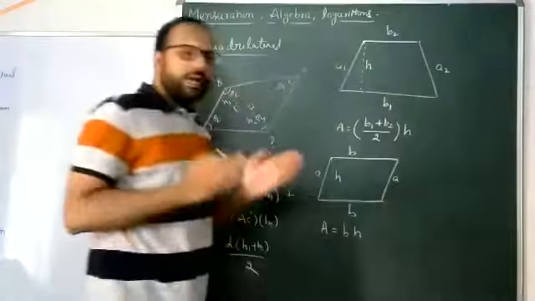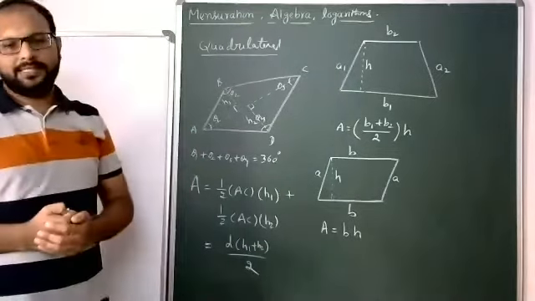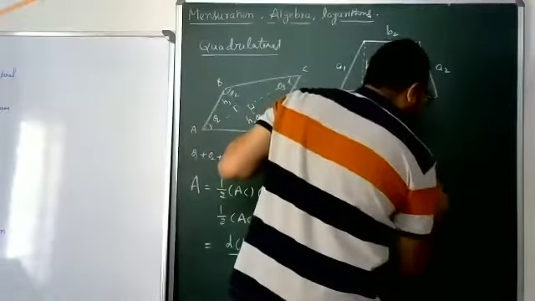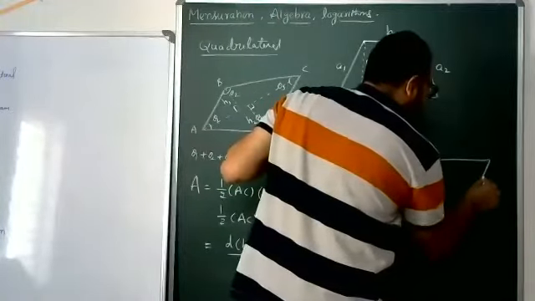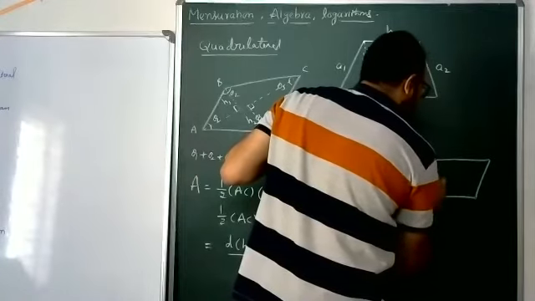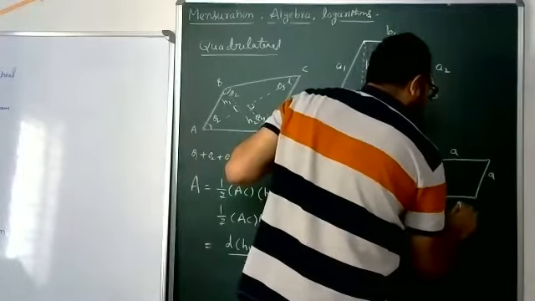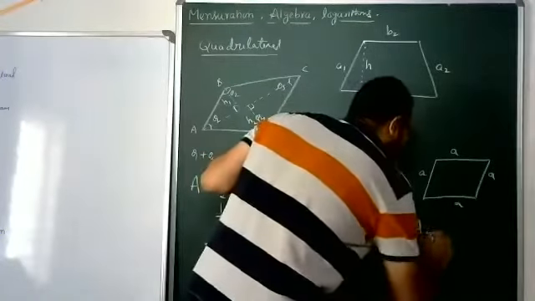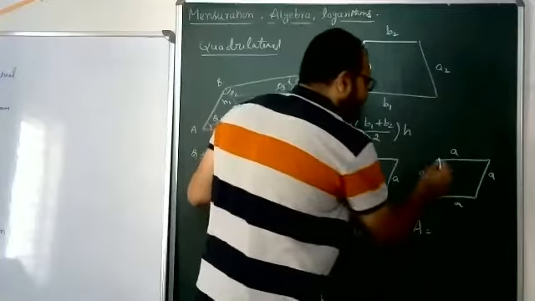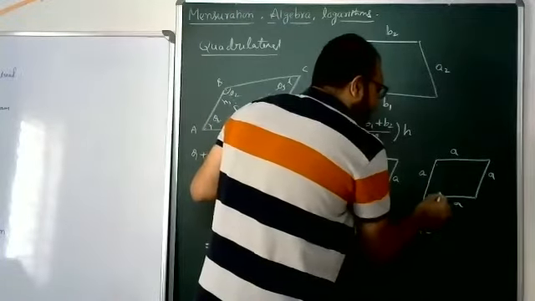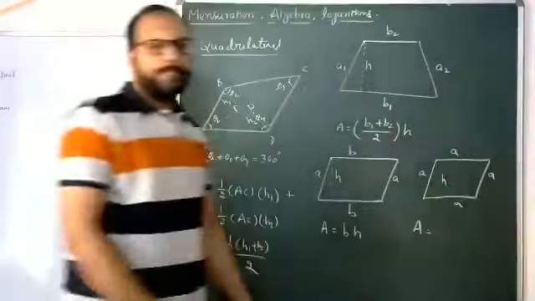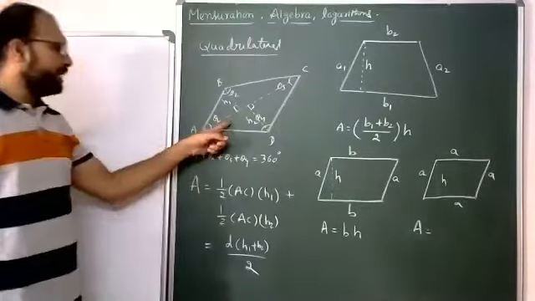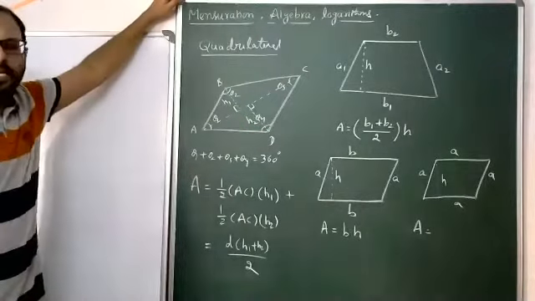Here suppose A equal to B, one more special case in that. If A equal to B, it means all sides are equal. All students know this is a rhombus. Here area equal to, again height H. But students know this area we can write like this also, because these are all special cases of quadrilateral only.